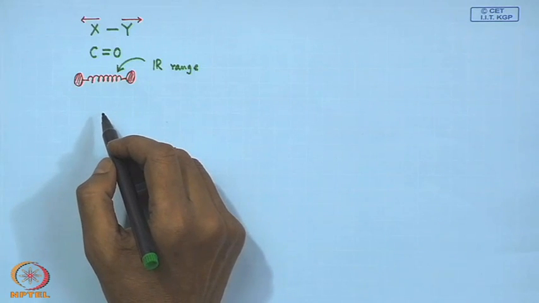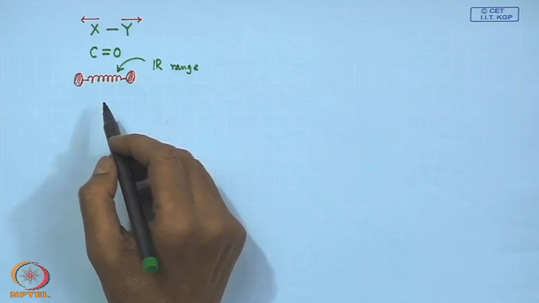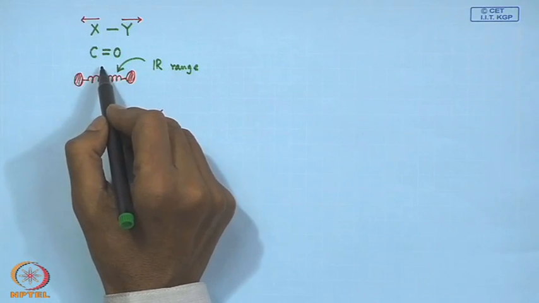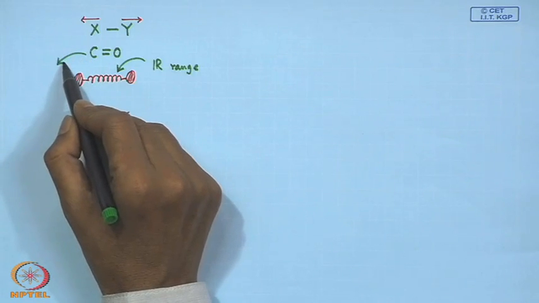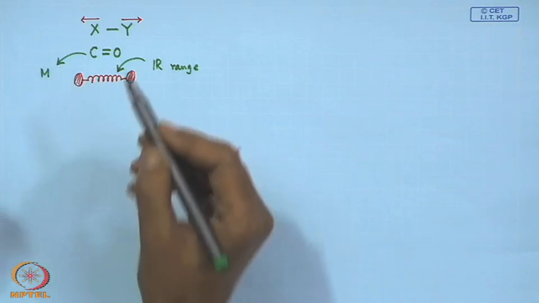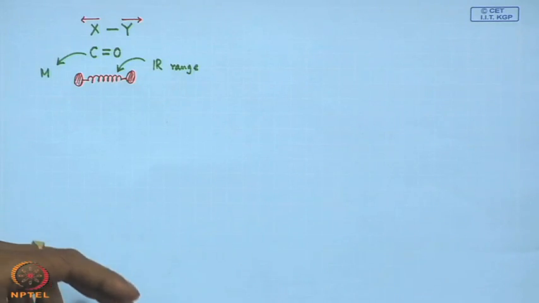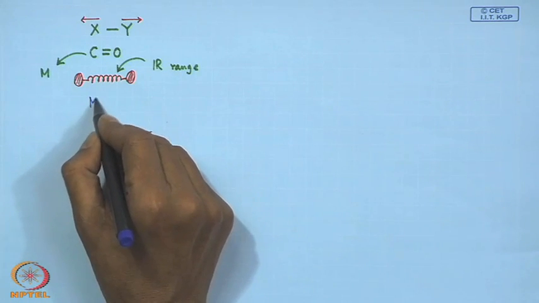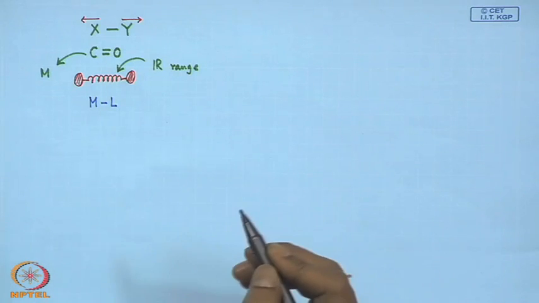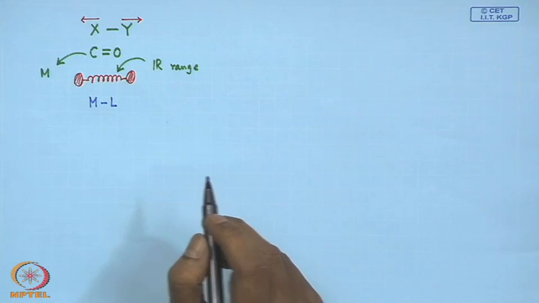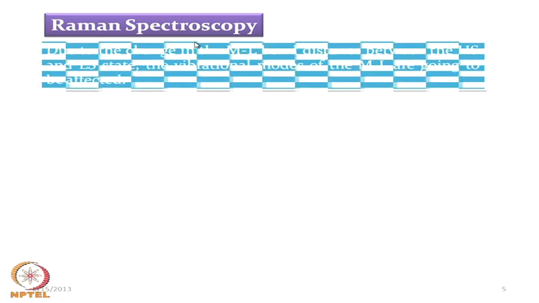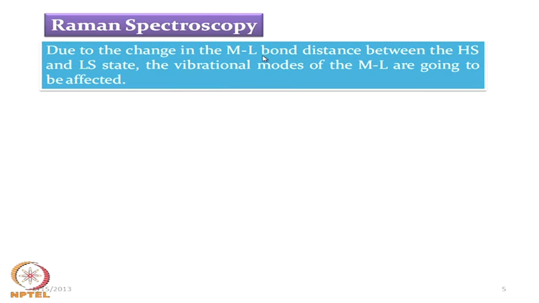A similar thing can also be obtained if we have this particular molecule serving as a ligand bound to the metal system. So, this can be a ligand which is bound to the metal center, or there are some other cases where we can have the stretching frequency between the metal and the ligand. And Raman spectroscopy is another technique closely related to FTIR or infrared spectroscopy, where we can monitor the ML bond distances.